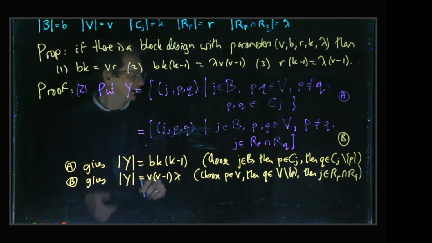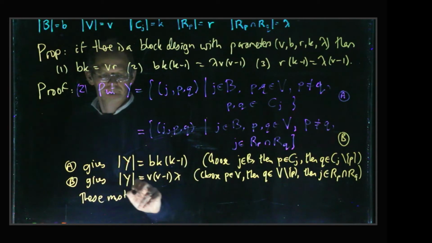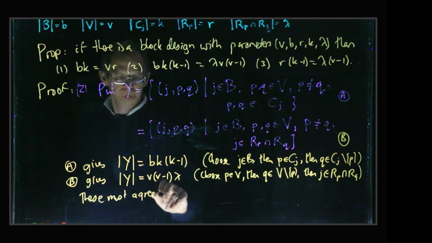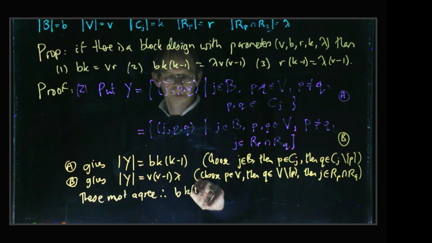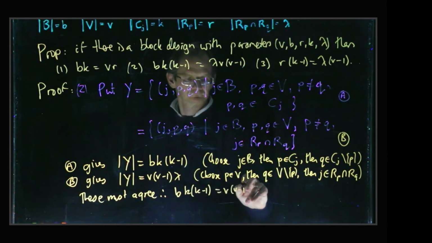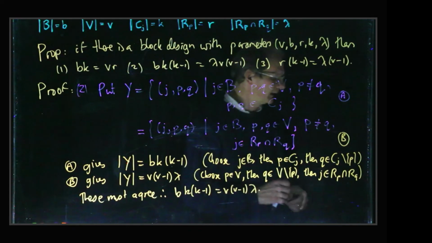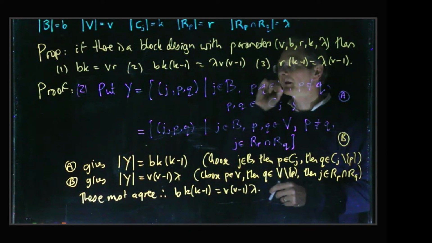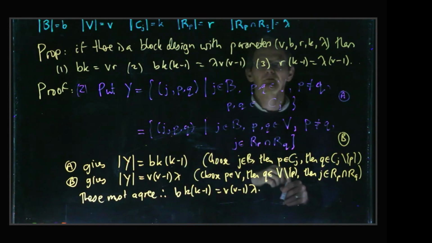So these answers must be the same. So that's a proof of our second claim here: bk(k minus 1) is the same as lambda v(v minus 1).